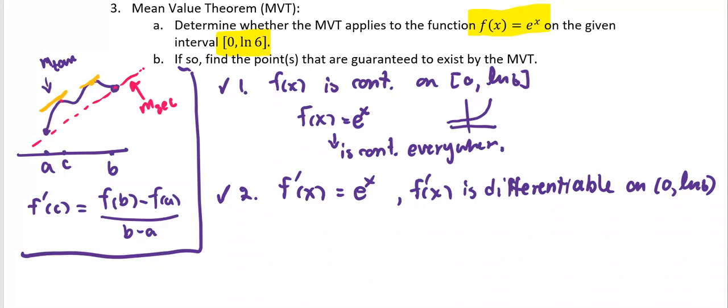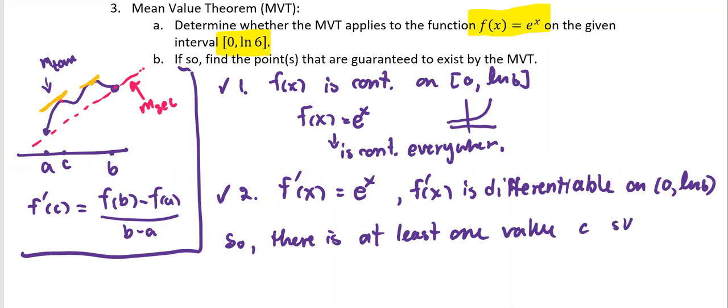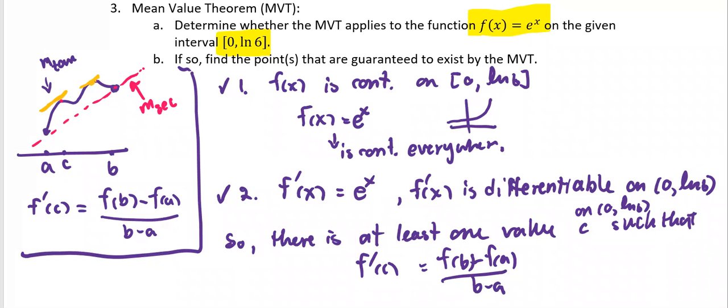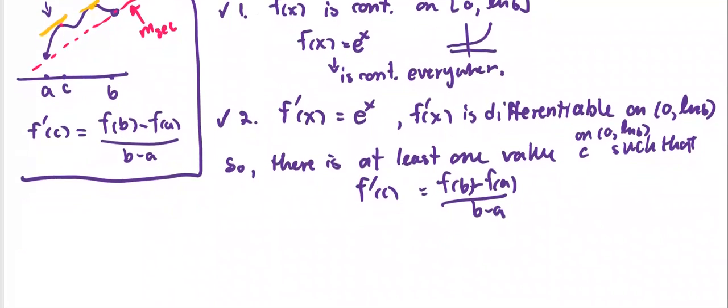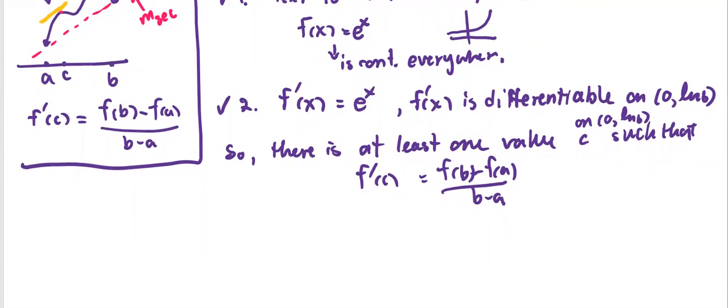So by the conclusion of the mean value theorem, there exists at least one value C on the open interval 0, natural log 6, such that f prime at C equals f(b) minus f(a) divided by b minus a, or the slope of the tangent equals the slope of the secant line passing through the two endpoints.